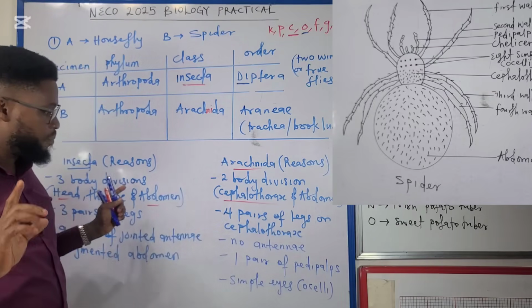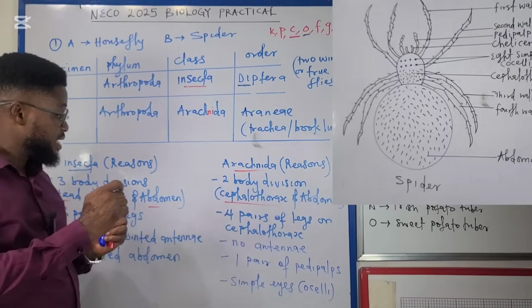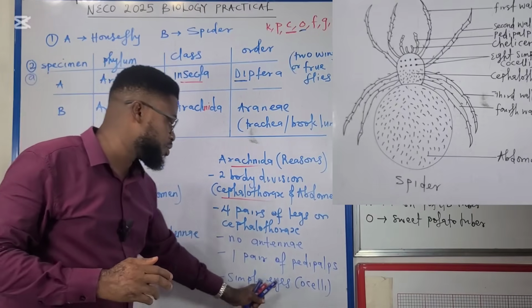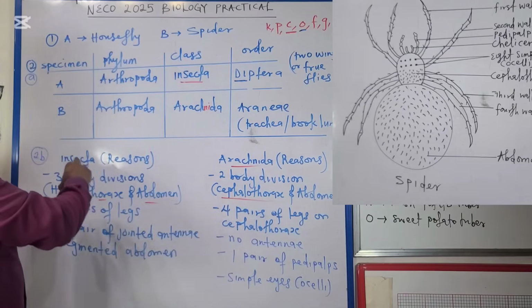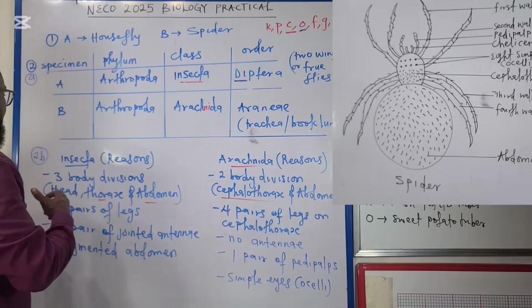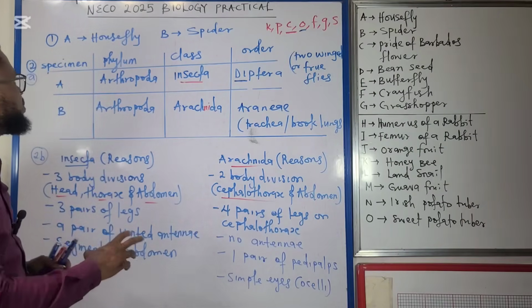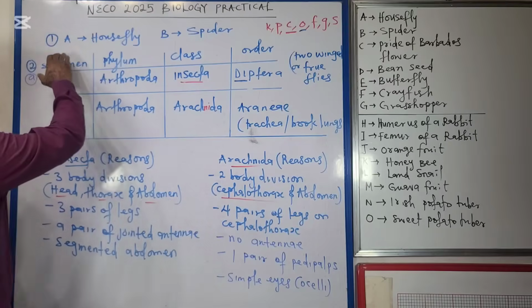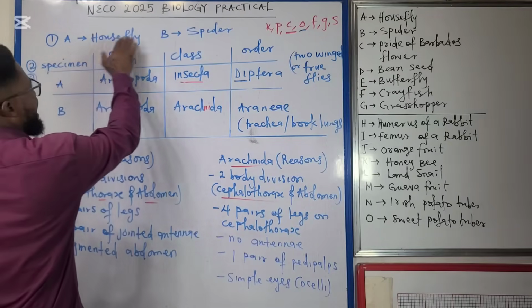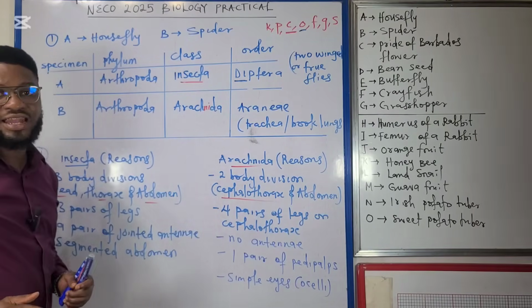Also, it has one pair of pedipalps. You see it in the diagram on your screen, and it has simple eyes, that's ocelli. Whereas when you talk about the Insecta, it is majorly compound eyes. So that answers question 2b as to why we are classifying A and B into the class Insecta and Arachnida.